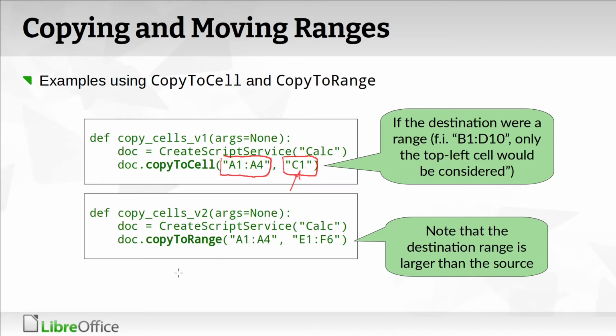And for CopyToRange, notice that it takes a source argument and the destination is a range as well. So we have a range that can be larger and it works as though we were pressing Ctrl+V after selecting the destination range. I will show this in a minute.